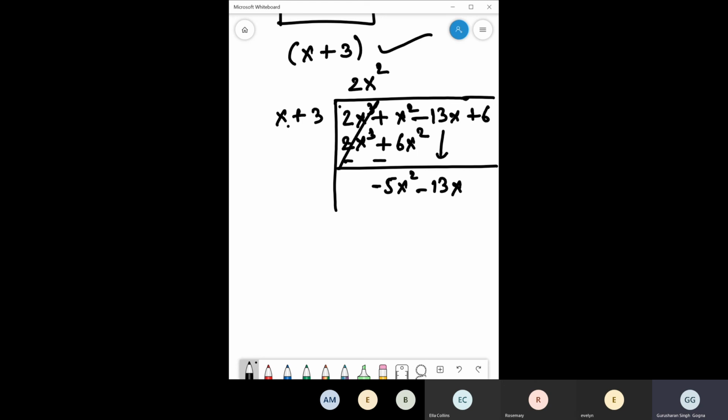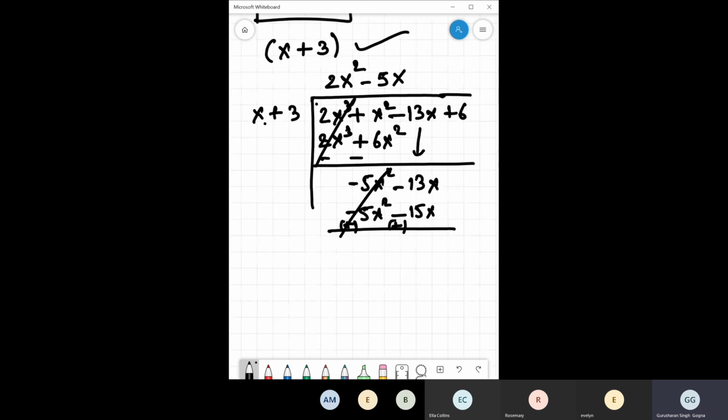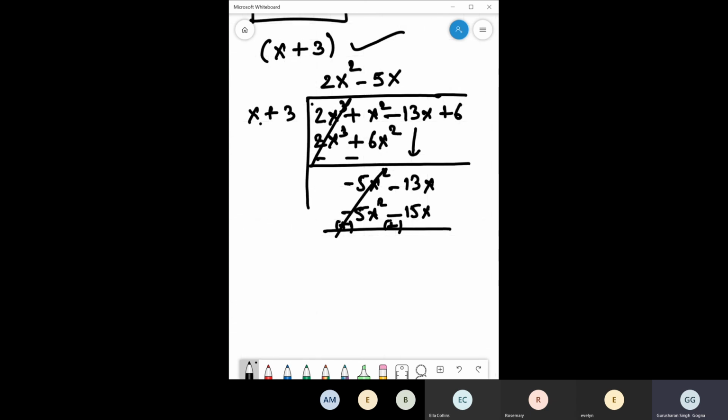Then you repeat the process again. So x multiplied by minus 5x will give you minus 5x squared, and 3 multiplied by minus 5x will give you minus 15x. Then you subtract. When you subtract, the sign will change. So that's gone. Minus 13 plus 15 will give you 2x.